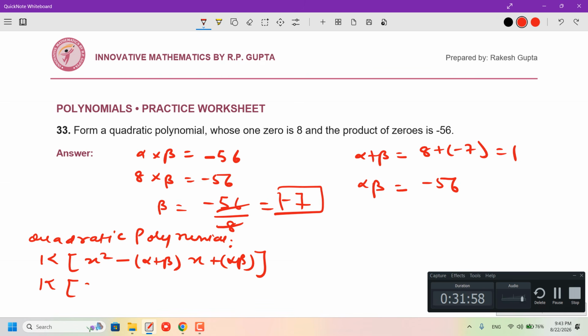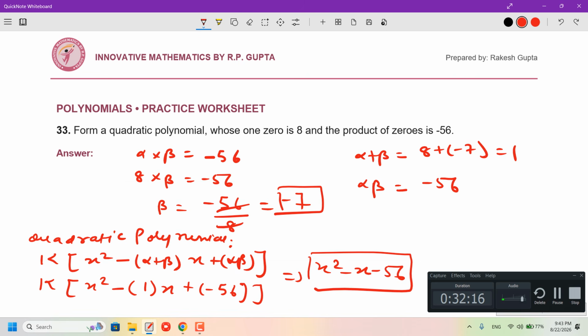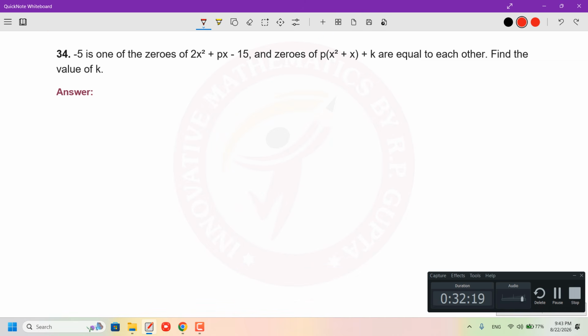So k x square minus 1x plus minus 56, that is x square minus x minus 56. This is quadratic polynomial.